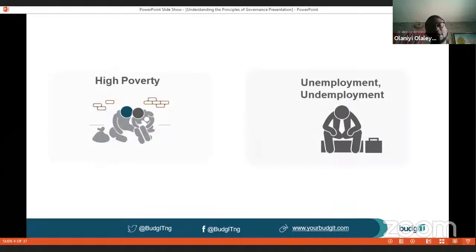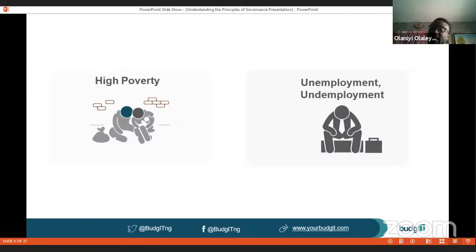The two problems we're presently facing in Nigeria: number one is the high poverty rate. Nigeria is currently the poverty capital of the world. What does this mean? It means Nigeria has the largest number of poor people in the whole world. Over 80 million Nigerians are poor.